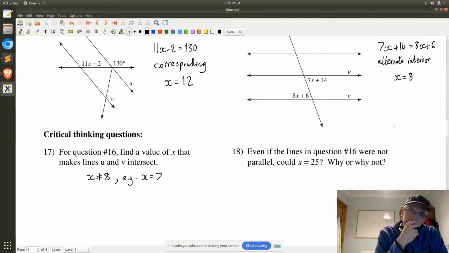And no, they couldn't, because it would have to be less than 180 degrees.